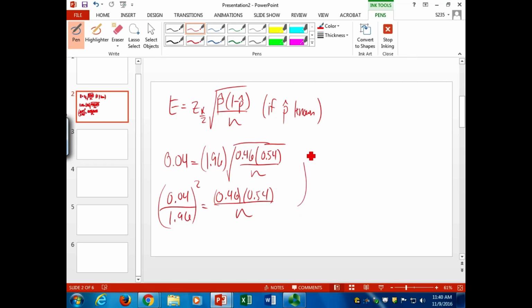I think what you'll end up with is 0.46 times 0.54 times, this will come over as the reciprocal, like that. So whatever that comes out to be is how you would solve it. You're basically solving this equation. And in the second part, we'll just do it real quick because we're already here.